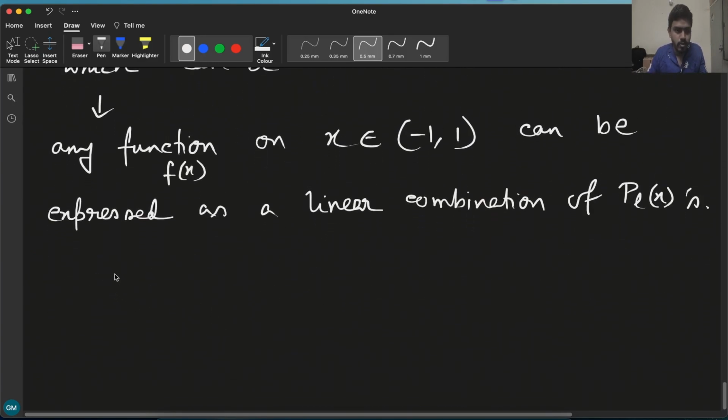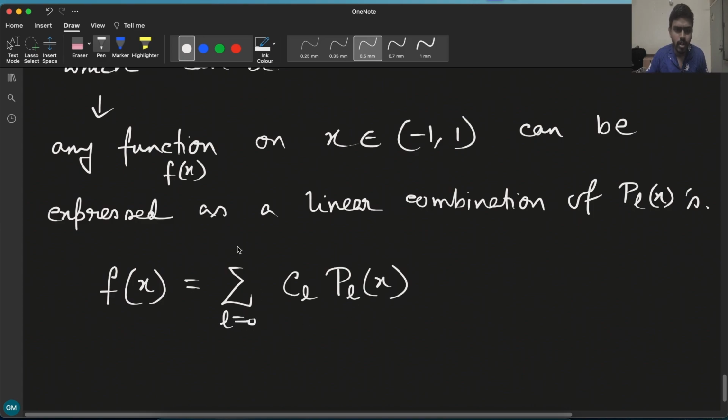So we say that f(x) equals the sum over L equals 0 to infinity of c_L P_L(x). So this can be done.